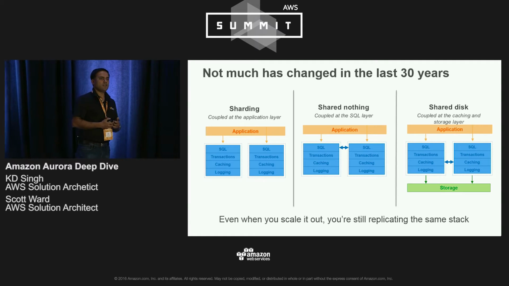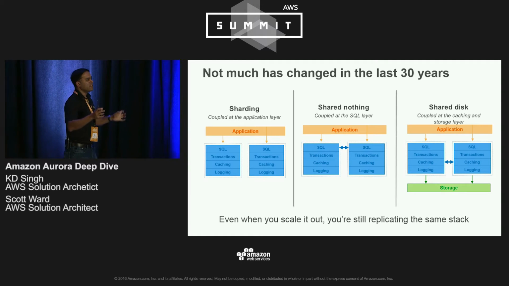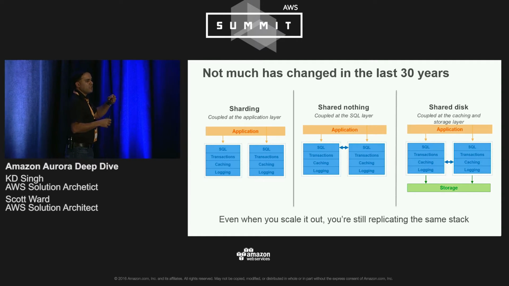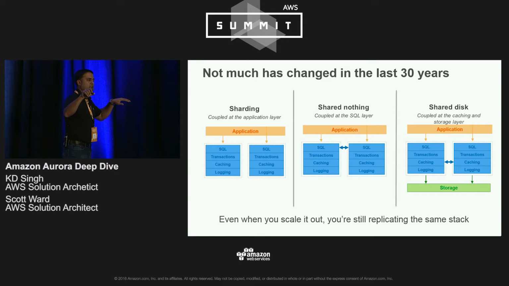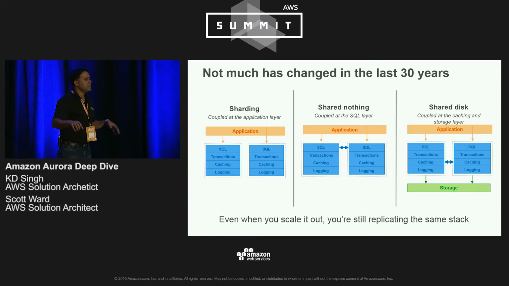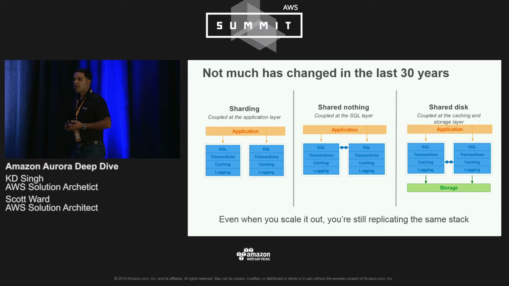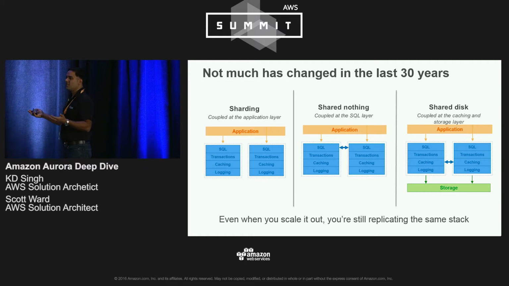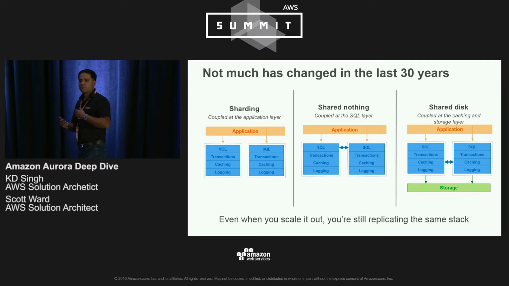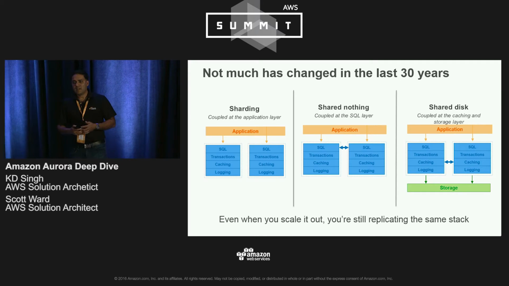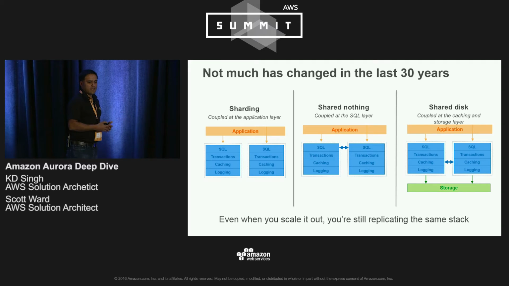So in case you have data distributed in different nodes, your application now has to deal with where should I send my query, which node what is sitting on. So there is a lot of complexity related to sharding that you have to manage. And if one of the nodes goes down for some reason, you have to deal with it. You have to deal with data loss. So there are issues with scaling it.